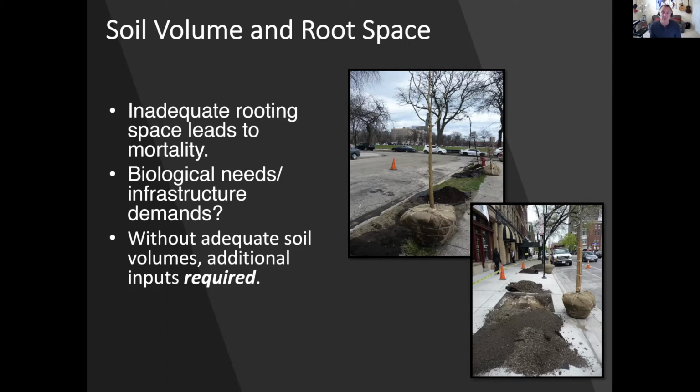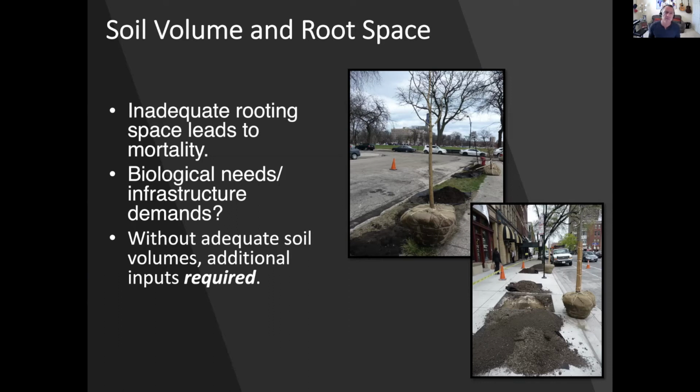And so as a result, the tree is just going to be constantly under stress as a result of inadequate moisture. So I like to think of the planting space, especially in those urban areas like we continually see, as that little planting space or whatever it has available to it is basically its canteen. And so when that canteen is empty, we've got to fill it up or it doesn't have enough water to survive.